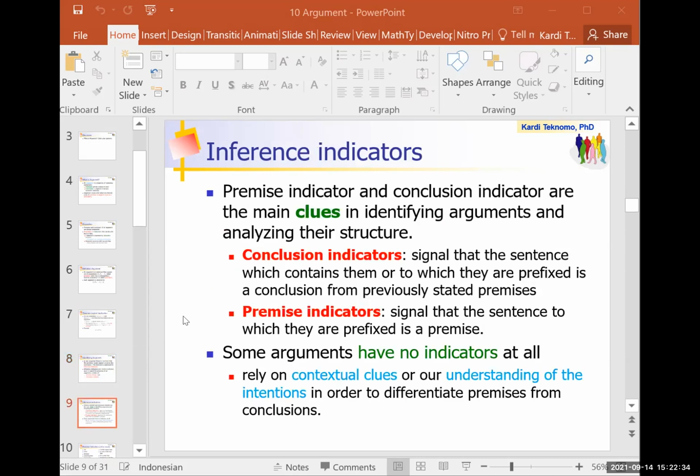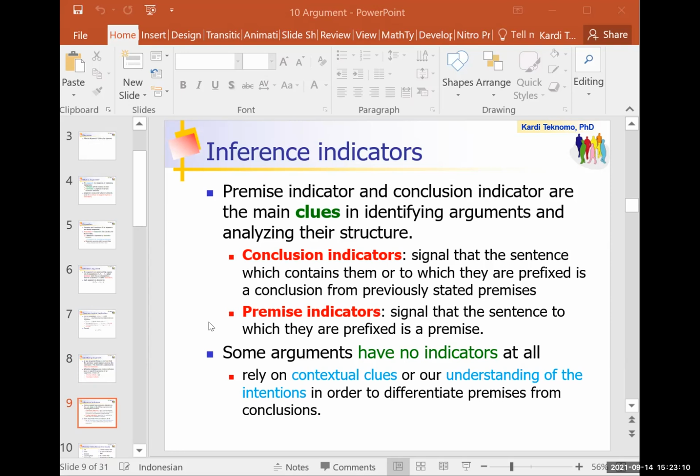So premise indicator and conclusion indicator are the main clues. It's just a clue in identifying an argument and analyzing the structure of an argument. Remember, a conclusion indicator is a signal that the sentence which contains the term, or to which it is prefixed, is a conclusion from the previously stated premises.